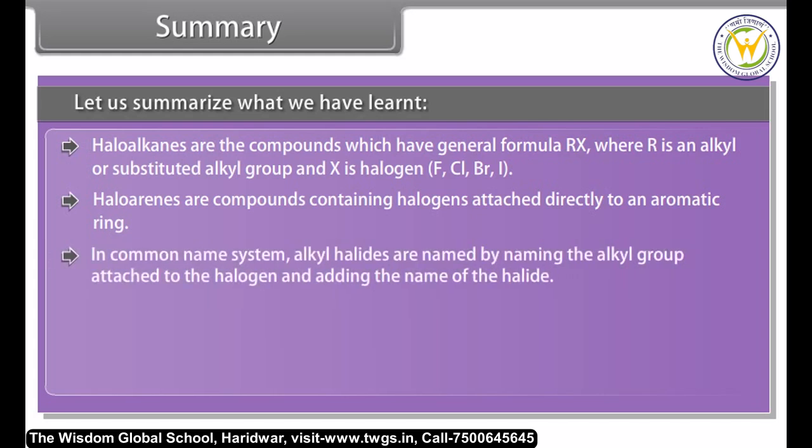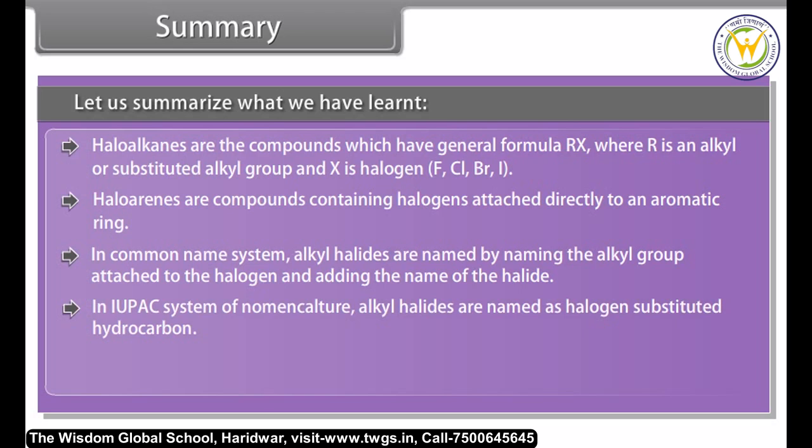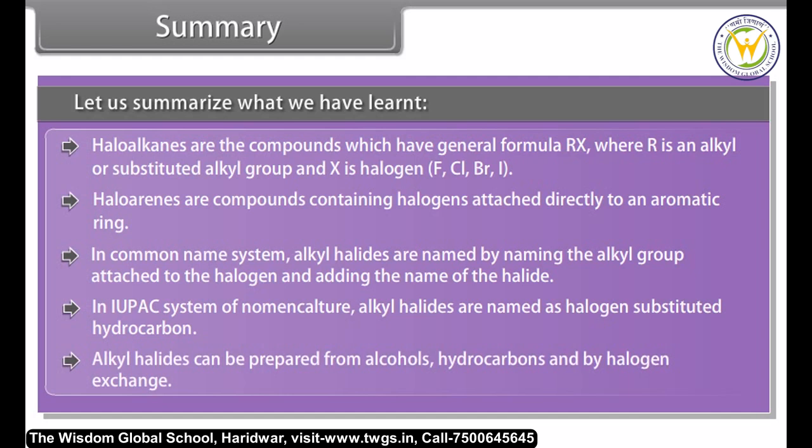In common name system, alkyl halides are named by naming the alkyl group attached to the halogen and adding the name of the halide. In IUPAC system of nomenclature, alkyl halides are named as halogen-substituted hydrocarbons. Alkyl halides can be prepared from alcohols, hydrocarbons and by halogen exchange.